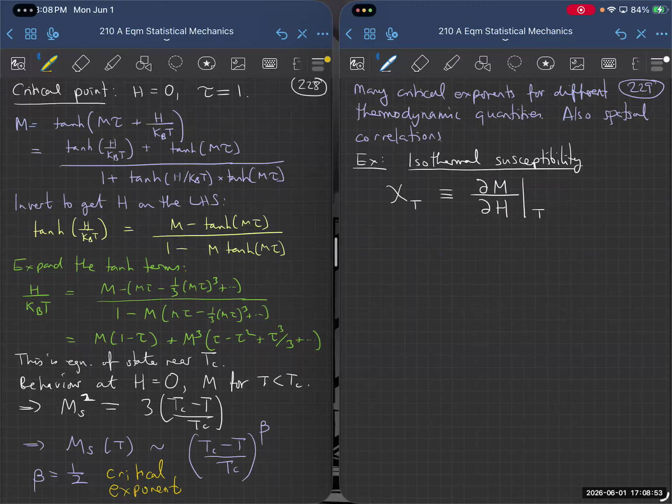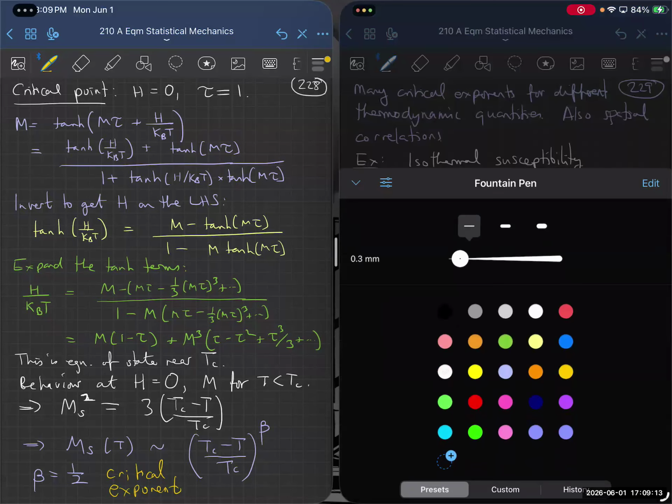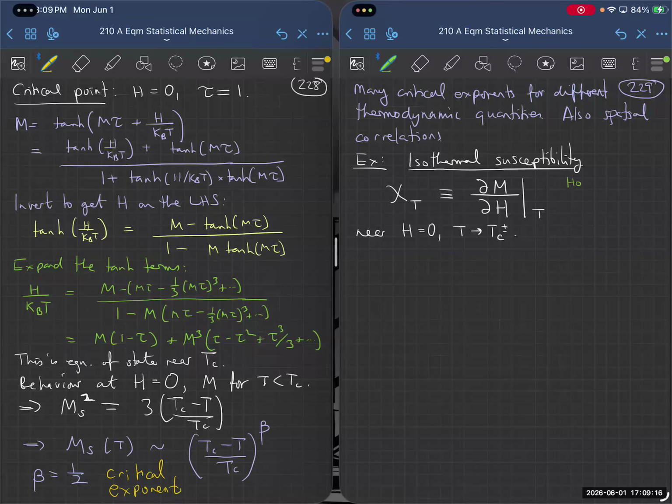That's called the isothermal susceptibility, and we care about what happens near H equal to 0 and T tending to Tc from above and below. So this answers the question of how sensitive the magnetization is to a change in external field.